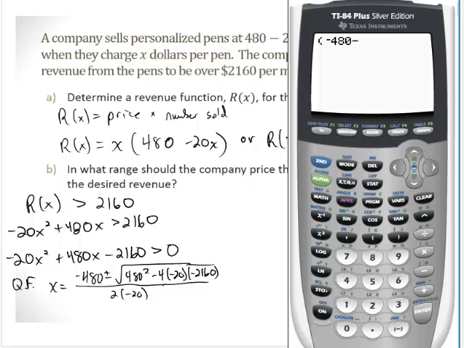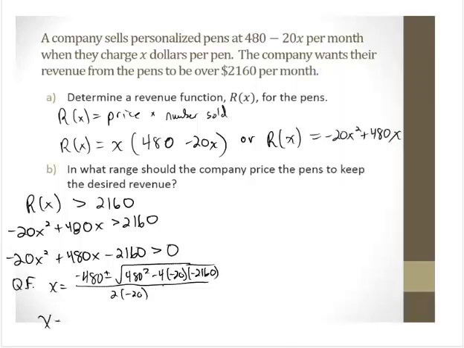Negative 480 minus the square root of 480 squared minus 4 by negative 20 by negative 2,160. Close off the radical, close off the numerator, and divide by negative 40. 18, and plus, 6 and 18. So x is 6, x is 18.